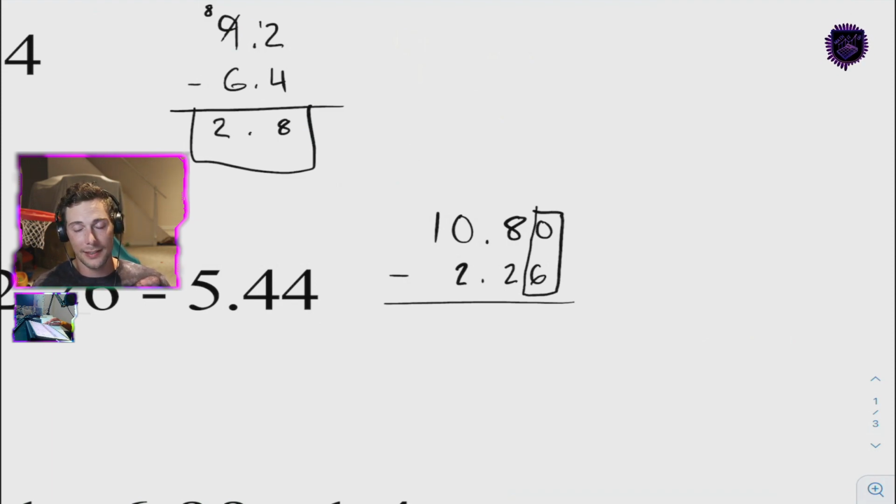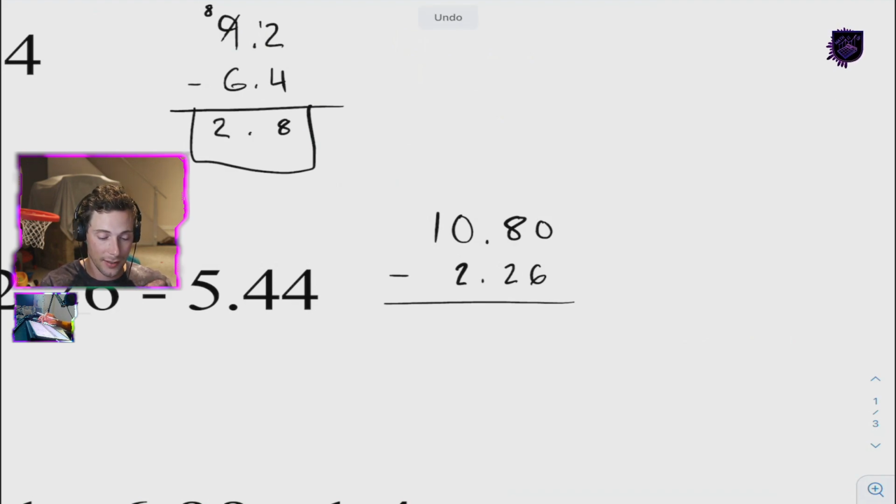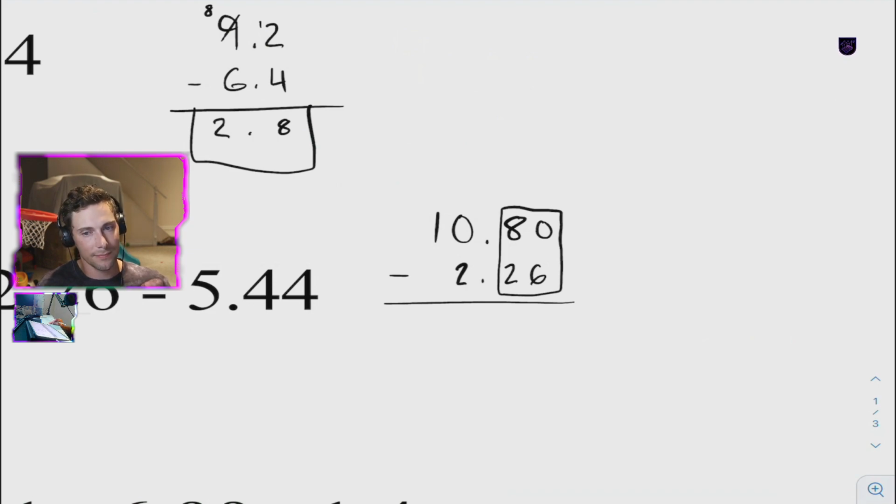0 minus 6. You can't do that. You can't have 0 and take away 6. And borrowing is all fun. It's an amazing tool to use. Sometimes it's kind of nice if you can do something like this. 80 take away 26. It kind of saves some borrowing. It's not always the best route, but sometimes it makes sense.